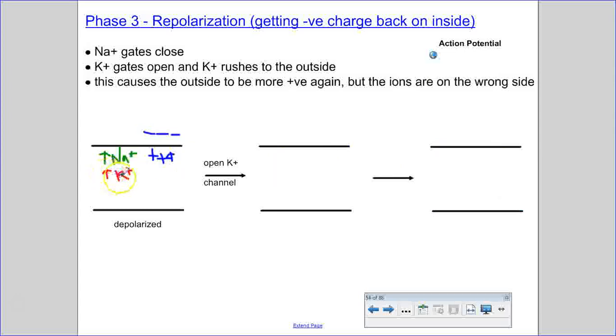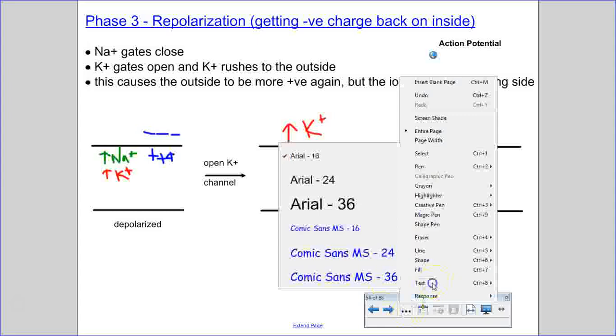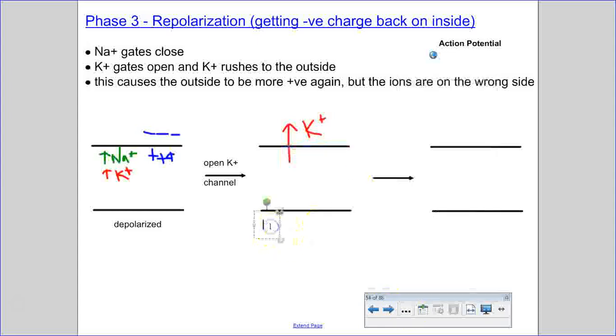Well, it's high on the inside, so it's got to go out. Potassium leaves the neuron, goes outside. This process we call repolarization. So we're trying to get it back to the normal charges.